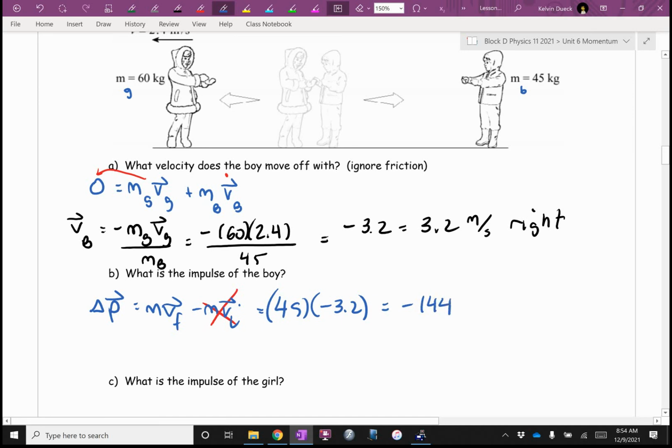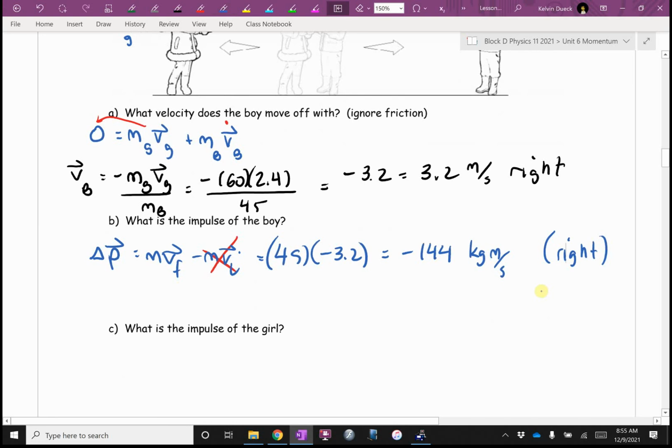The units are kilogram meters per second, or you could say Newton seconds, but since we use mass times velocity, I'd probably go with that one. Okay. What's the negative telling me? What direction, if they asked for a direction? To the right, right? Right.